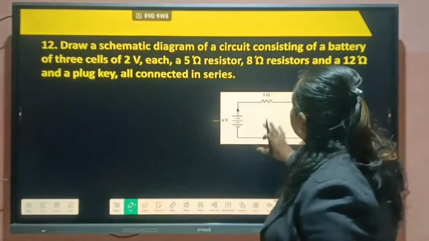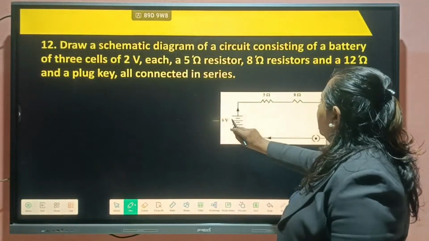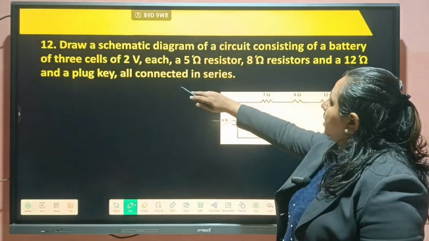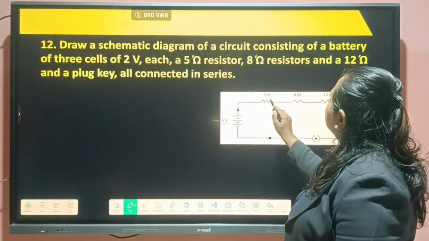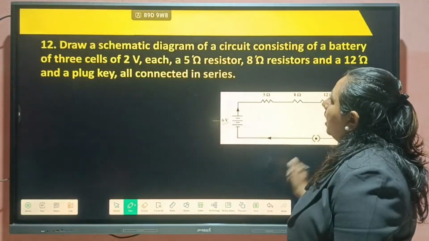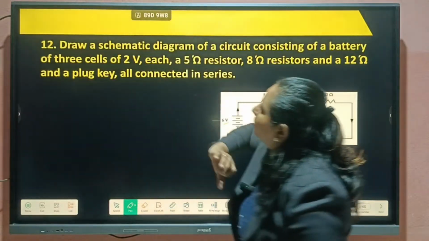Next we have a diagram consisting of a battery of 3 cells of 2 volt each, that means a total of 6 volt, a 5 ohm resistance, 8 ohm and 12 ohm, and a plug key, and all are connected in series. This we have to draw.